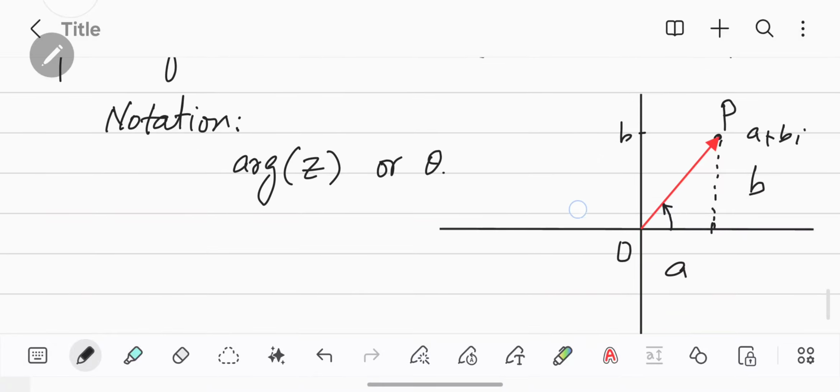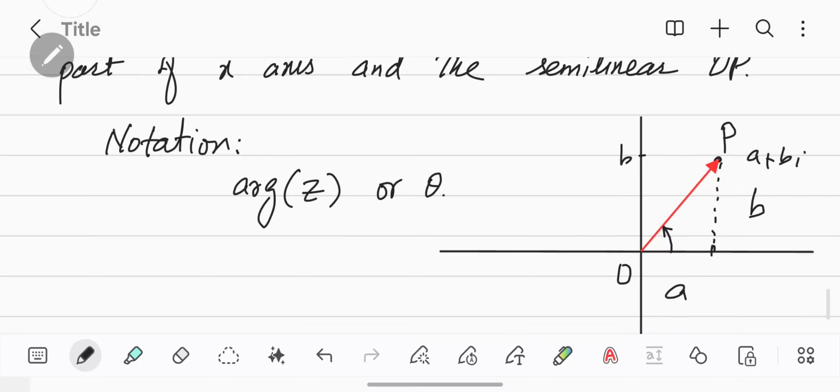Now the question is how to find this argument. We have two things associated with every complex number. The first thing is the modulus, which is the distance of the complex number from the origin. The second thing is the argument of the complex number. We know how to find the distance of the complex number from the origin, but we don't know how to find this angle.